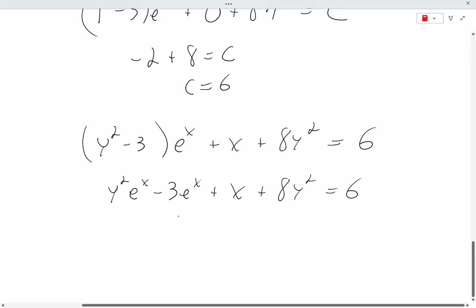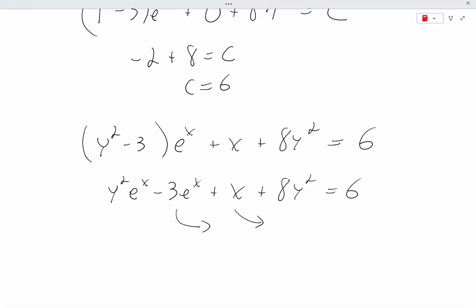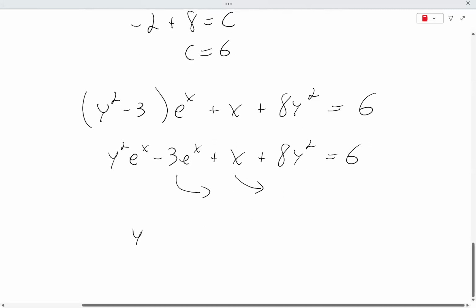So basically, move the non-y terms over to the other side, to the right. So you get y squared e to the x plus 8y squared equals 6 plus 3 e to the x plus x, I think.